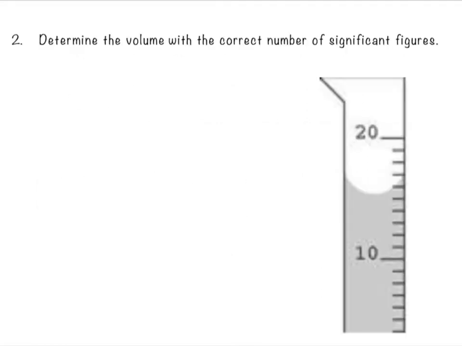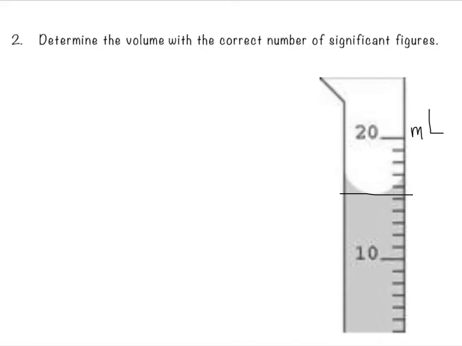We have a similar situation with this problem. A graduated cylinder has no moving parts. The units should be labeled in milliliters. As you will recall, when you read a graduated cylinder, you read the volume from the bottom of the meniscus. And so in looking at this, if I want to read where the bottom of the meniscus intersects the scale, there I've got 10, 11, 12, 13, 14, 15.